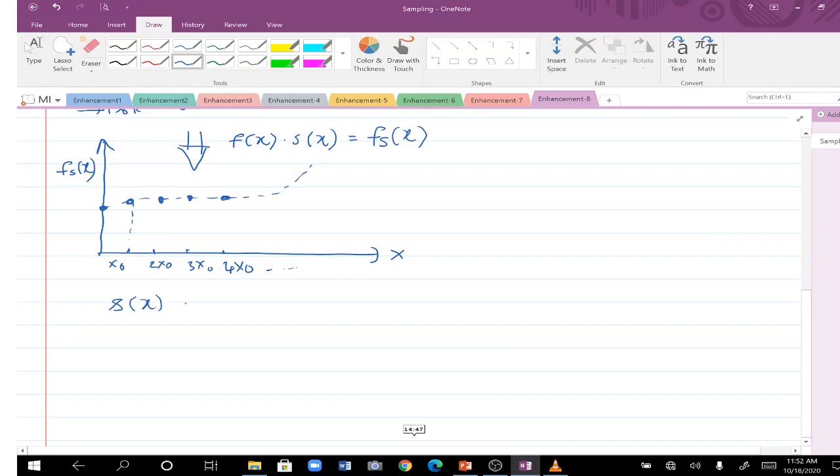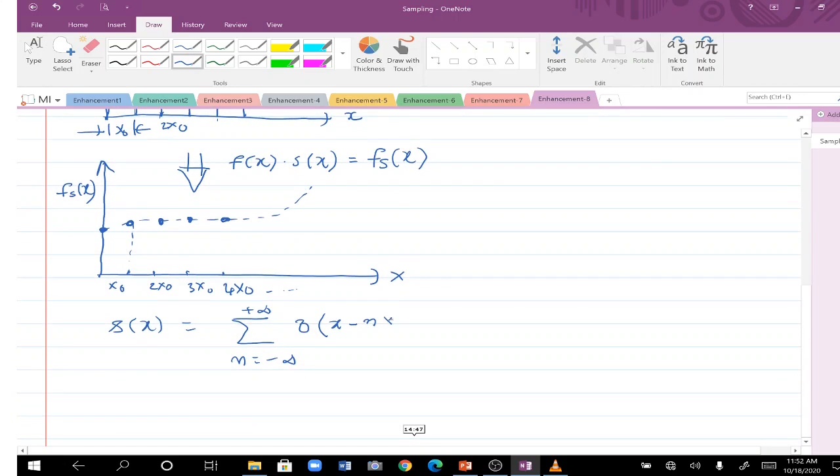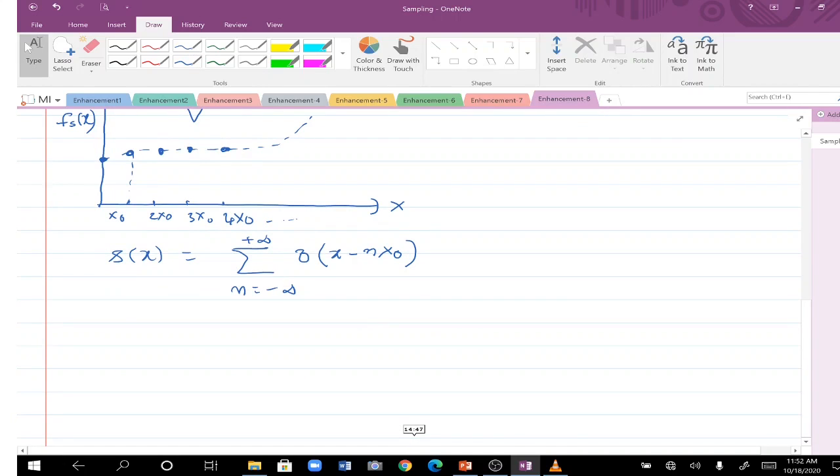So s of x is equal to the sum from minus infinity to plus infinity of delta of x minus n x naught, since you have impulses at all integer multiples of x naught along the x-axis. Now what would be the Fourier transform of it? So capital S of kx, what would be that value?